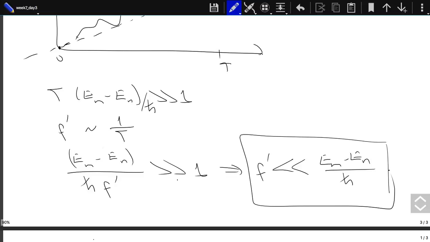One is the time scale of the changes in the wave function. The other is the time scale for the changes in my f. What I want is that the time scale of the changes in my f should be much larger than the time scale in which my wave function changes. So until my f changes significantly, my wave function should be oscillating many times.